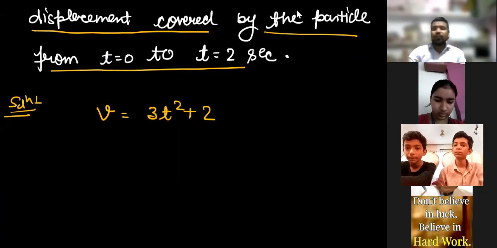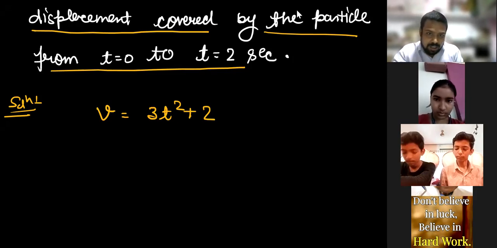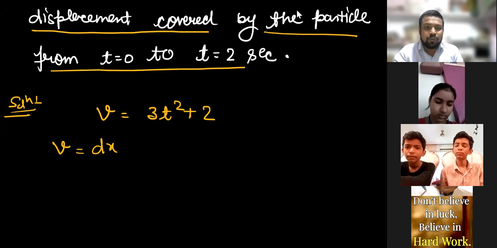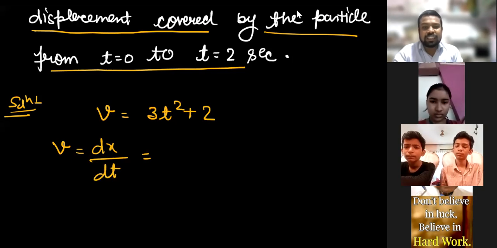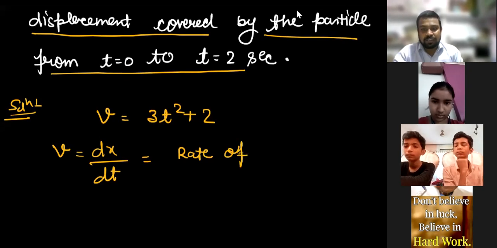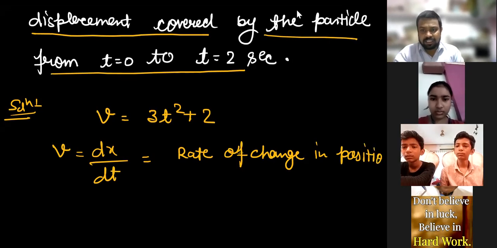My dear friends, here v is equal to 3t square plus 2. As we know, this velocity is dx over dt. It is the rate of change in position or displacement.